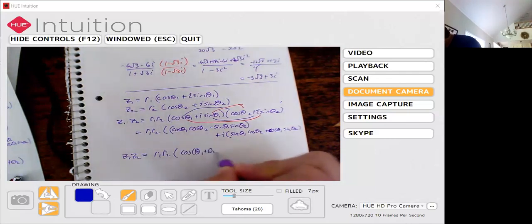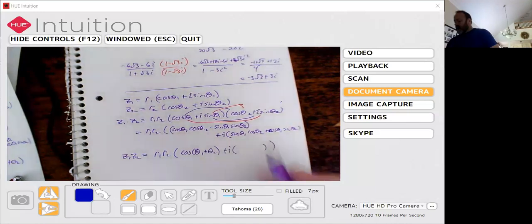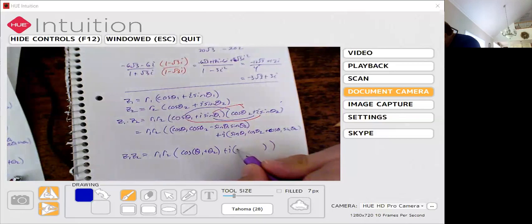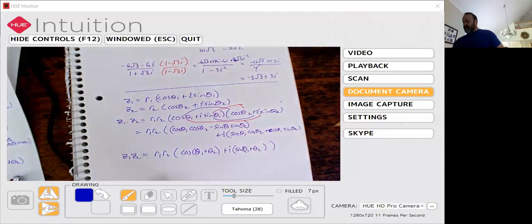So this is the cosine of theta 1 plus theta 2. And over here, sine theta 1 cosine theta 2 plus cosine theta 1 sine theta 2, that's just the sum, and so that's the sine of theta 1 plus theta 2. And so as it turns out, if you want to multiply two numbers in complex form, all you have to do is multiply their radii and add their angles. That's actually not too bad.